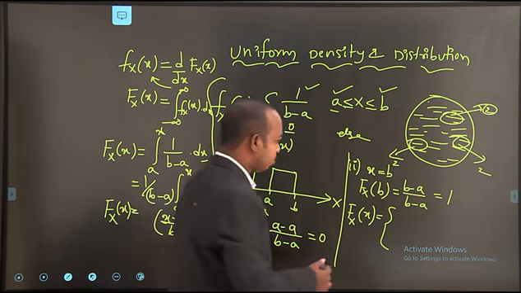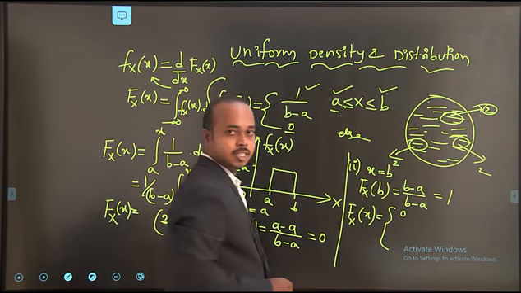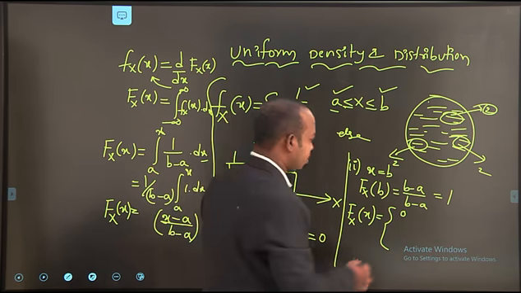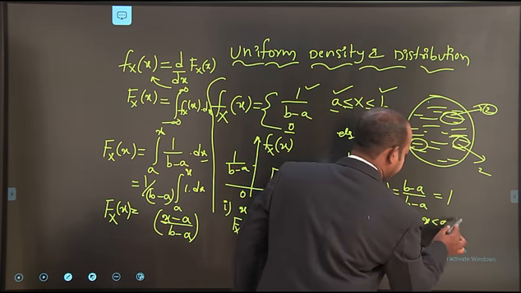For the uniform distribution function, the first value is 0, where x is less than a.